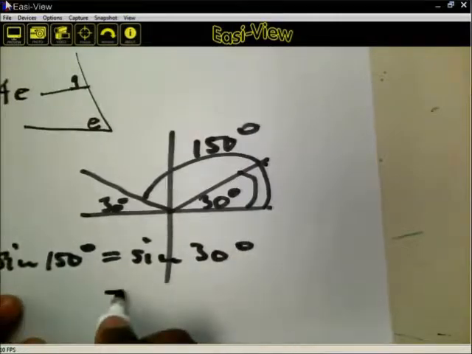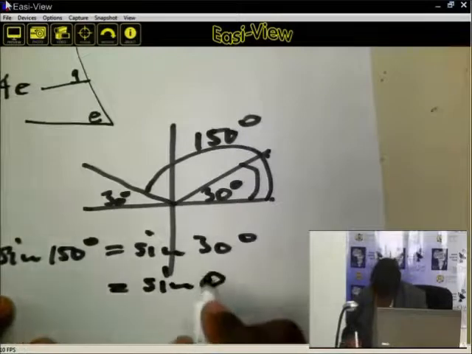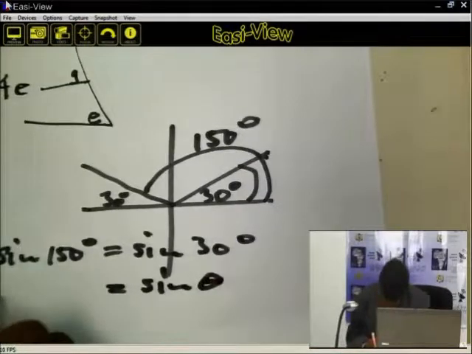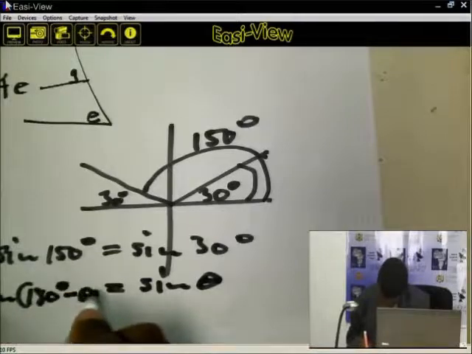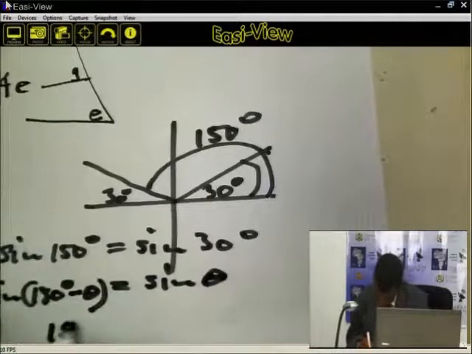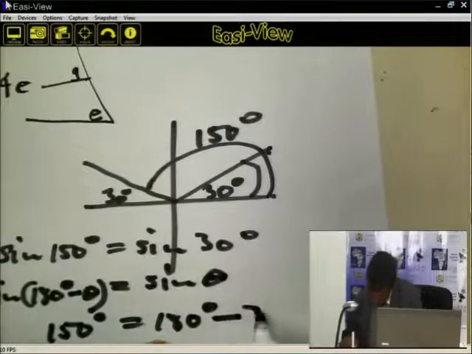If we generalize it to, say, theta, then how do we get it? It is 180 minus theta, in the same way that 150 is 180 minus 30.